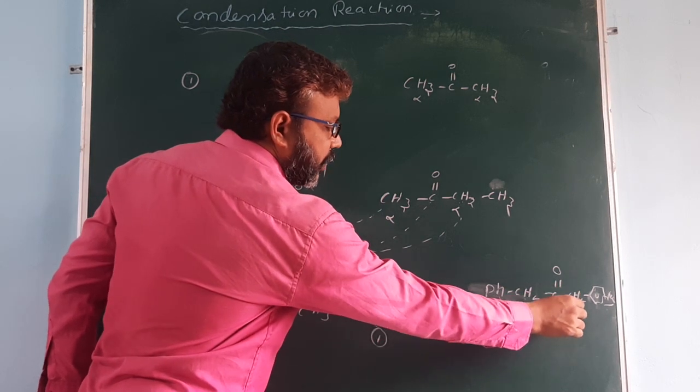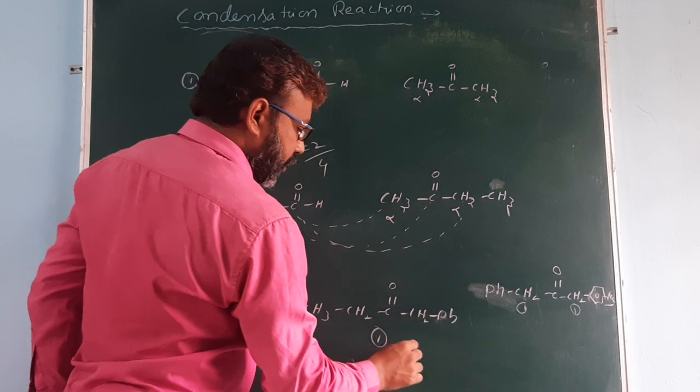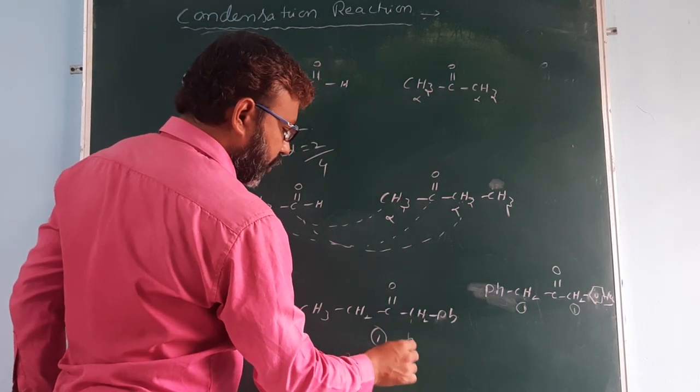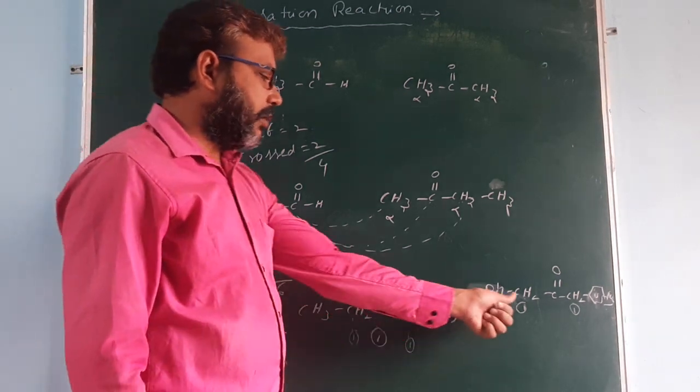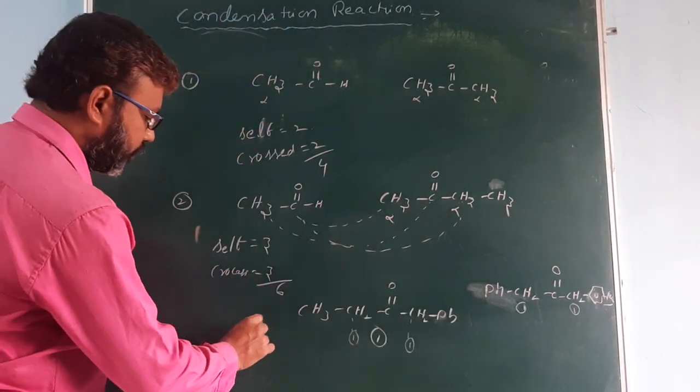This undergoes self-aldol condensation and you get one product. Another one also gives one product, and another gives one product. The total number of self-aldol condensation products is 4.